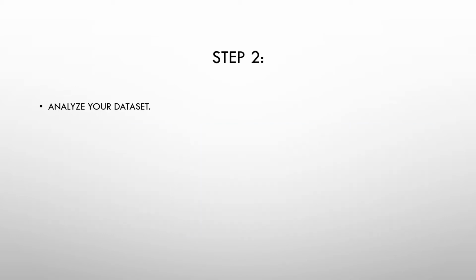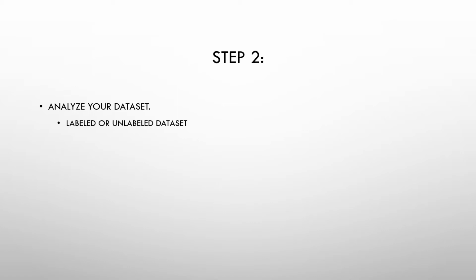The next step is to analyze our data set. When you are taking the data set, at first we have to analyze what type of data set it is. Based on the labels, we are classifying it into two types. One is a labeled data set, and the next one is the unlabeled data set.